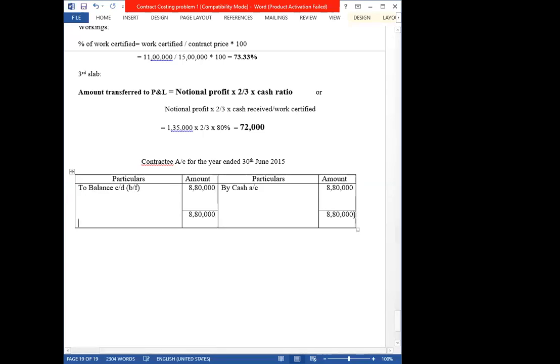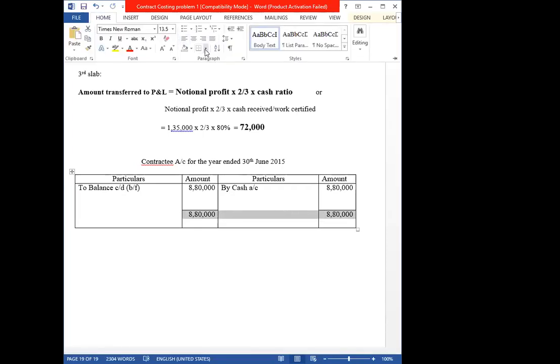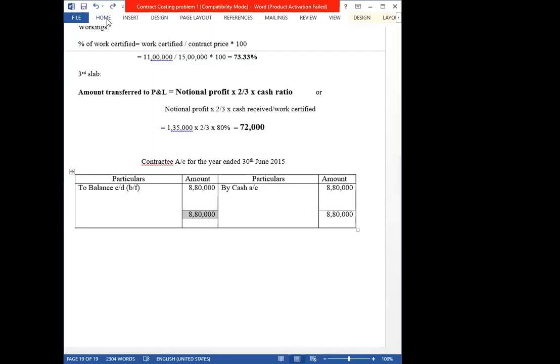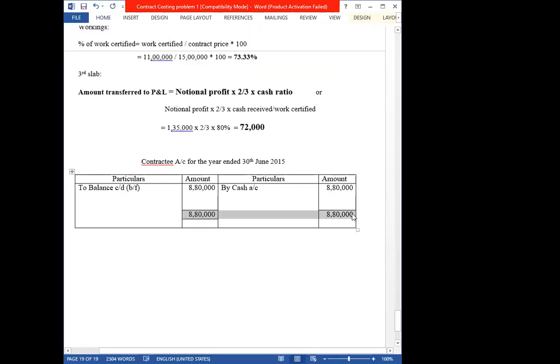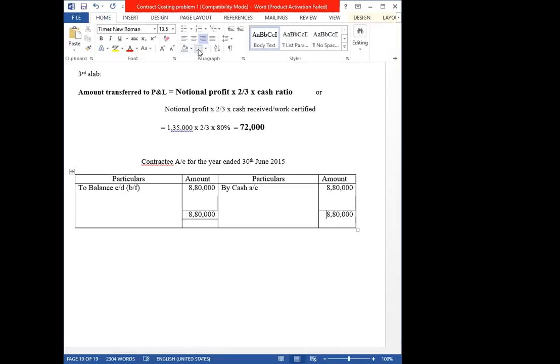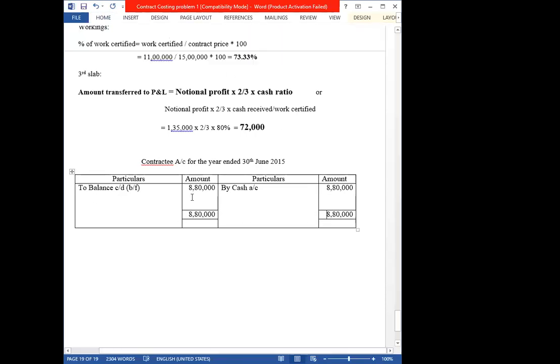And very important, this should be transferred to the next year also. Okay. I'm just writing this line. Okay. Now the balance should be transferred to the next year.